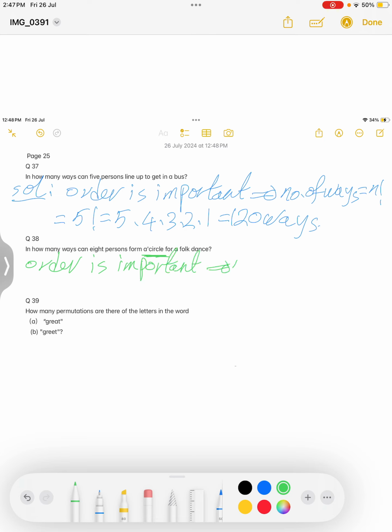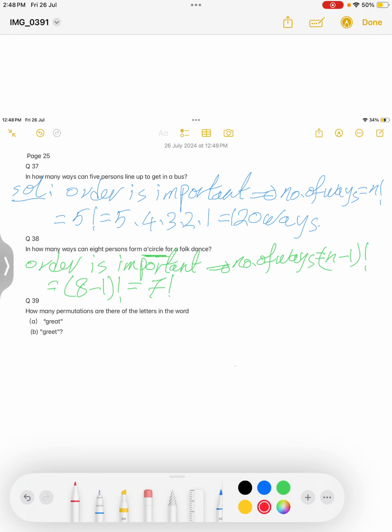Then the number of ways for a circular arrangement equals n minus 1 factorial, which means 8 minus 1 factorial equals 7 factorial. We don't need the last answer.